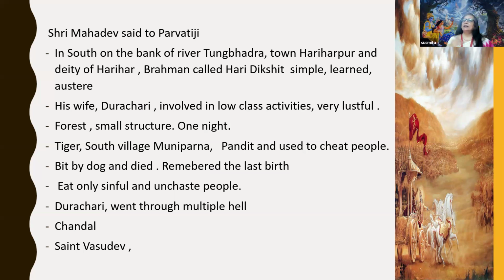He says that he was a Pandit in the village called Munipara, and being a Pandit, he used to cheat people. He used to earn his livelihood by wrong means. Also, the yajnas that he did, he did for more money, for people who were not even qualified to do that.